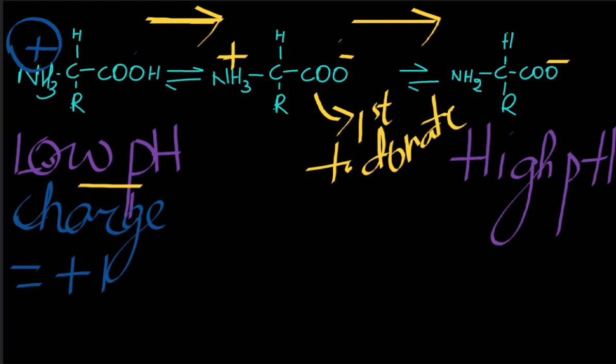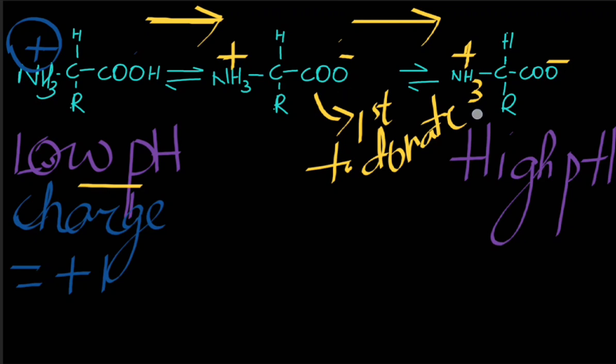Let me just write NH3 so that you don't get confused, and it has a positive charge, right? As the pH is increasing, the hydrogen ion is decreasing. Therefore, the first one to donate its H plus was this COO minus.